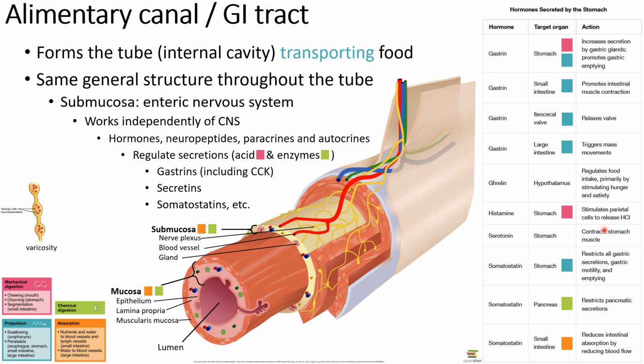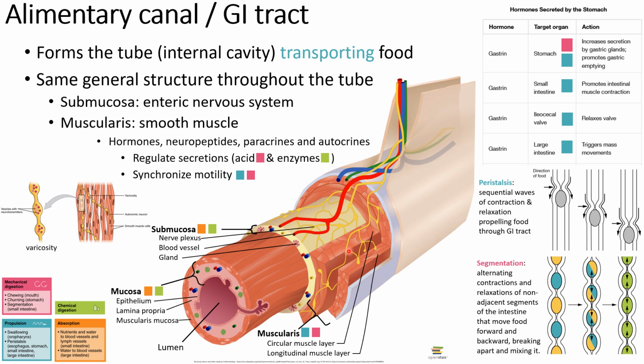And I've also kind of color-coded it so you can see a lot of these are involved in transport, which fits with their activation of muscle, but some of them are involved in mechanical breakdown, and some of them are even involved in actually pushing things out through glands and releasing secretions, for instance, for chemical digestion.